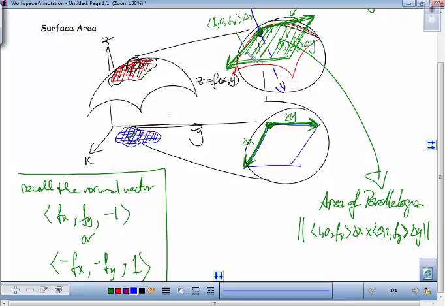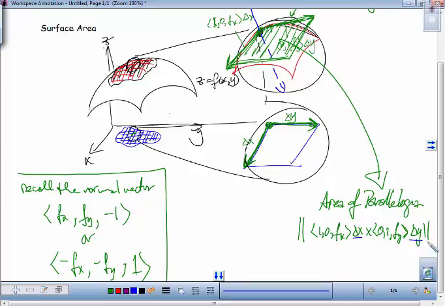So we're finding a little piece of area here, and then we're going to put that in an integral to find the area of the whole thing, the whole surface. And one of the things that we can do is that there's scalars here.